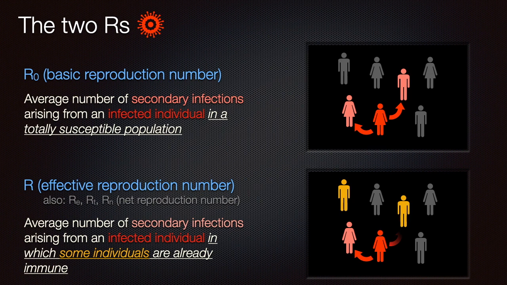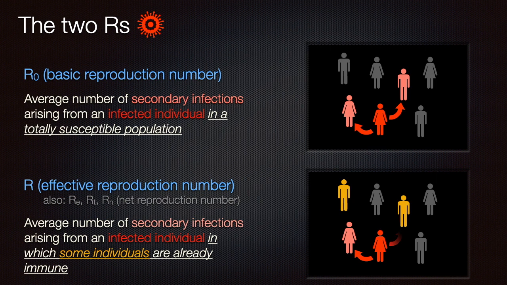So we need a better number. A corollary to R0 is called the effective reproduction number, sometimes seen just as an R. You may also see it as R sub E, RT, or even RN, net reproduction number. The difference here is that R is the average number of secondary infections arising from an infected individual in which some individuals are already immune.